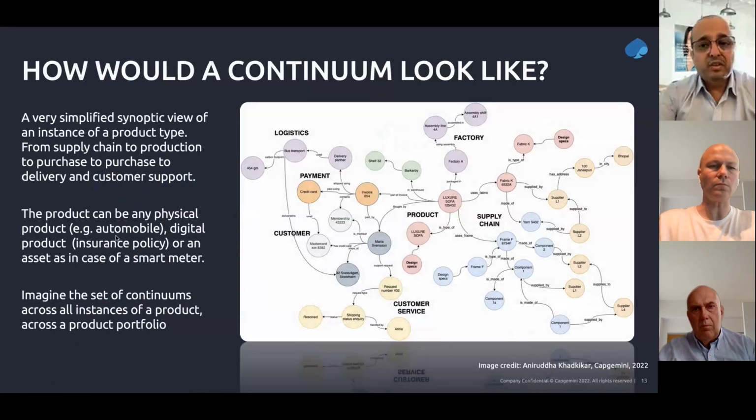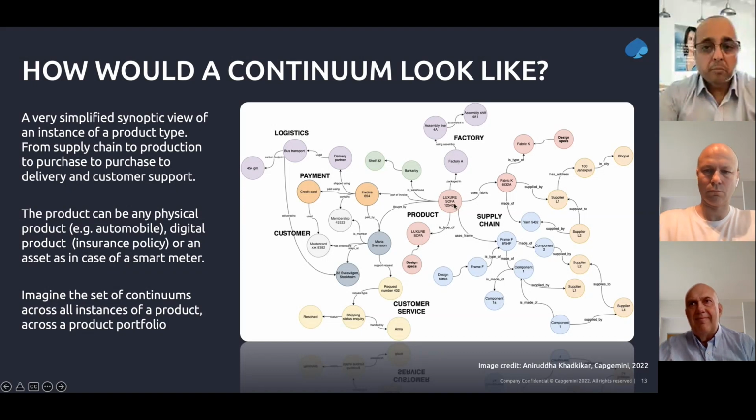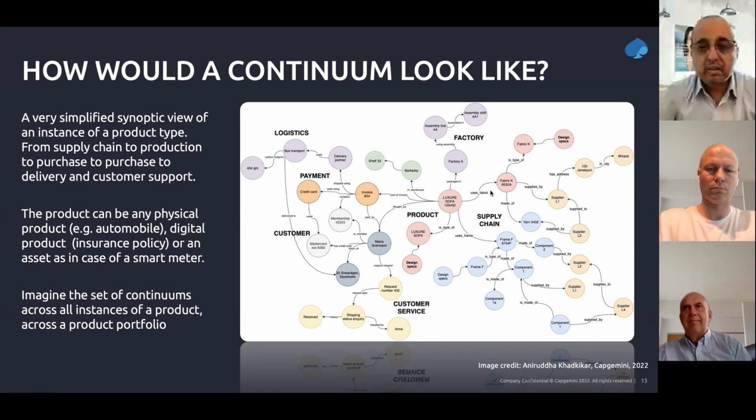So how would a continuum look like? So this is just a hypothetical view of a particular instance of a sofa, the luxury sofa, and then that is then seen as a type of a luxury sofa class, and then it is then linked to design specs. But then from a continuum, you also have, let's say, supply chains that supply various components of this sofa.